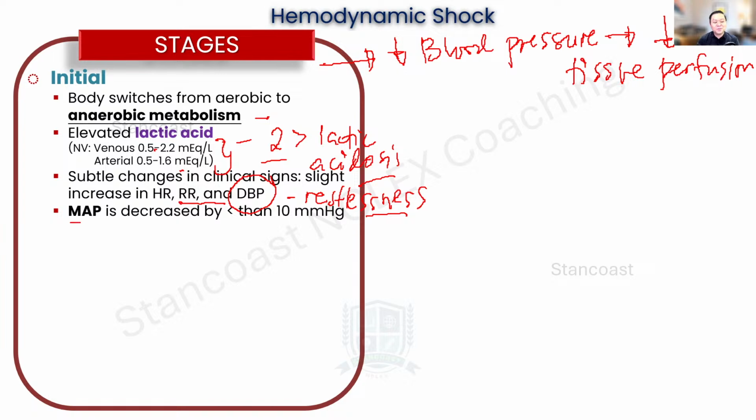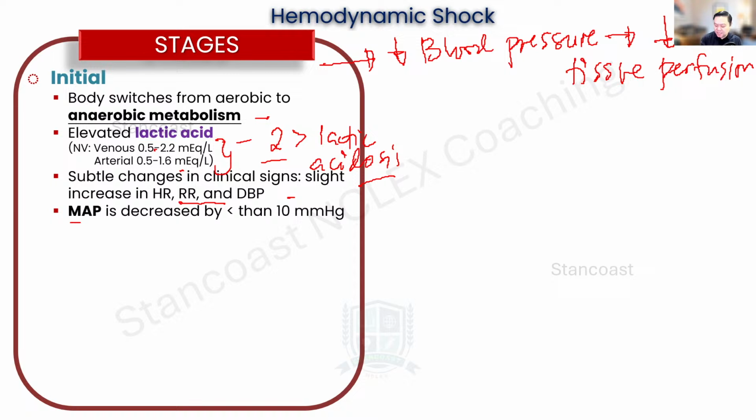We're talking about the MAP, the mean arterial pressure. This is going to be decreased, and the significant decrease here is a drop of 10 mmHg, okay? Now, again, the MAP is our indication that maybe the body is still perfusing the vital organs well.